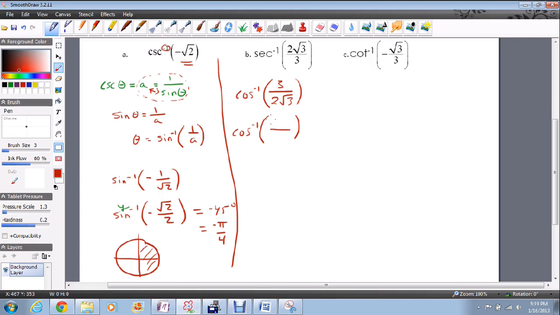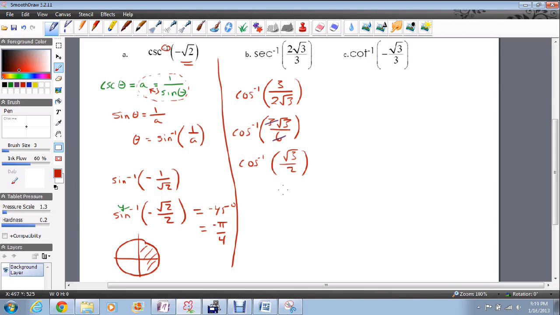Rationalizing the denominator gives us 3 square roots of 3 over 6, and then we see that, wait a second, the 3 and the 6 cancel out. 3 divided by 6 is just 1/2, so we get the cosine inverse of square root of 3 over 2.